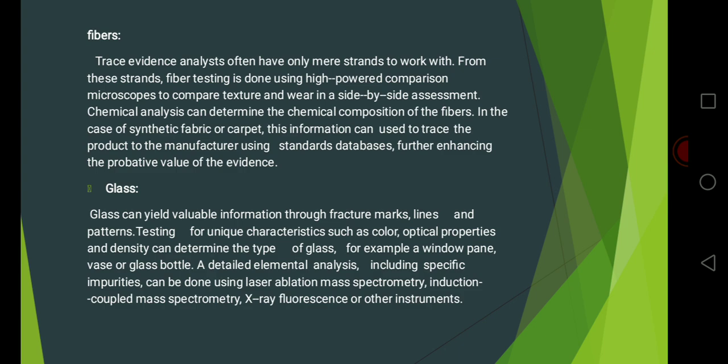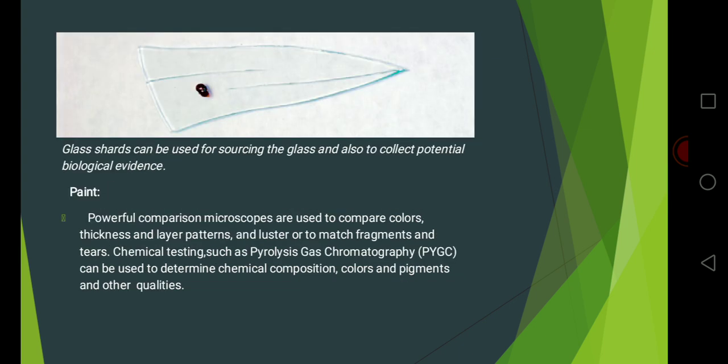Detailed elemental analysis, including specific impurities, can be done using laser ablation, inductively coupled plasma mass spectrometry, X-ray fluorescence, or other instruments used for glass analysis. Glass shards can be used for sourcing the glass, and also collect potential biological evidence.